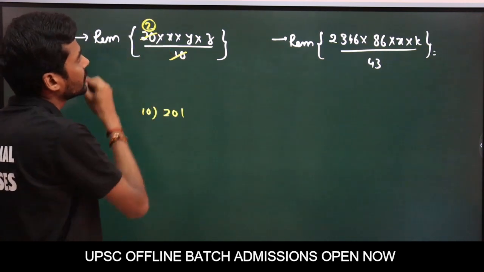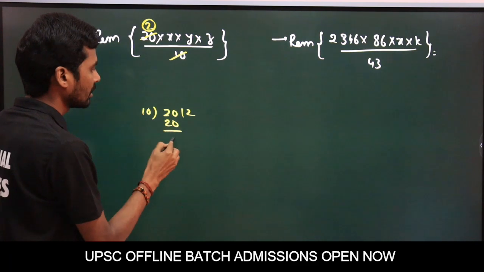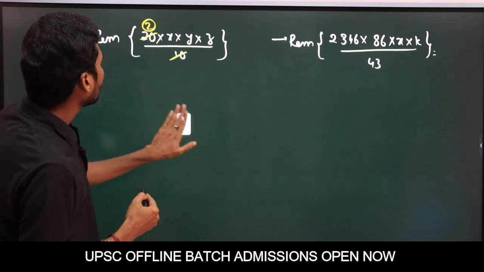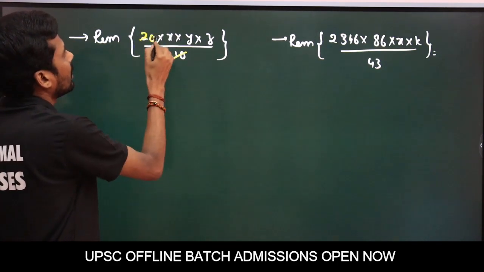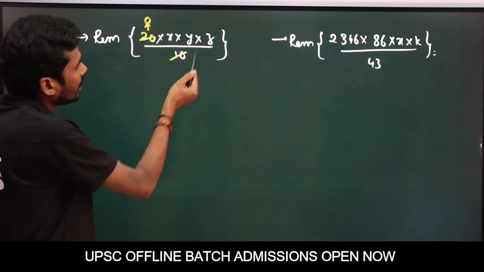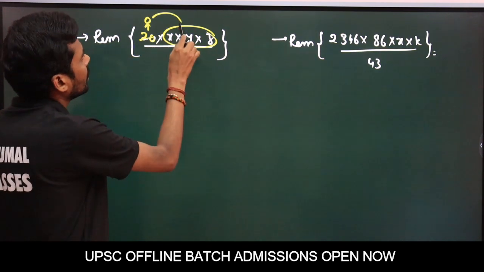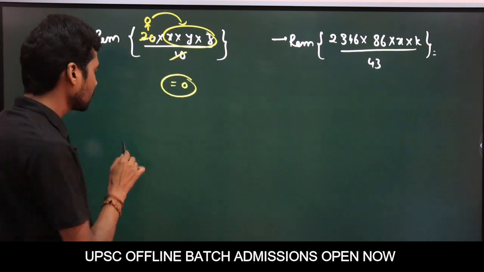This part is the quotient only, but we are talking about the remainder. 0 is the remainder. And no matter what other numbers we have, 0 into any number is 0. So remember this property.